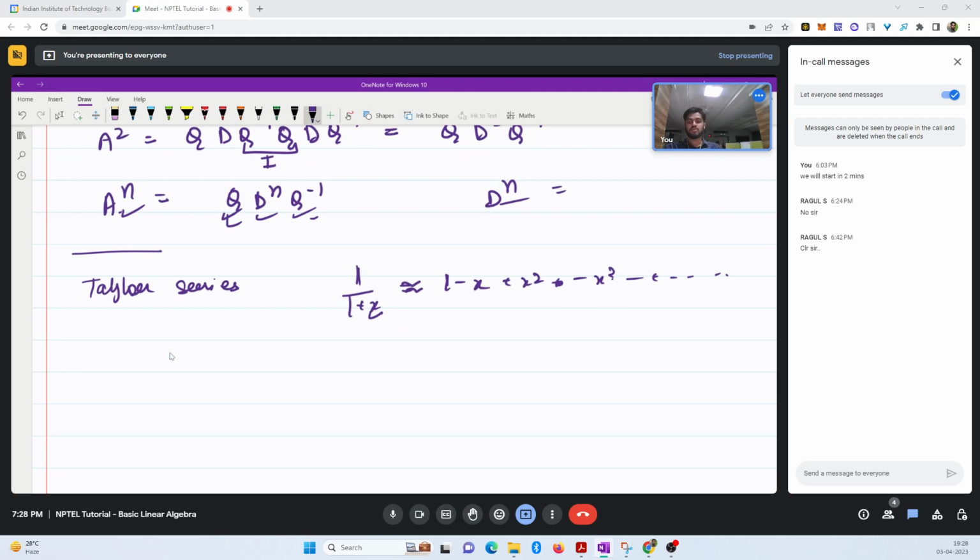ठीक है, तो अगर मान लो we have to, let's say you want to calculate e to the power A, where A is some matrix, then how do we do that?